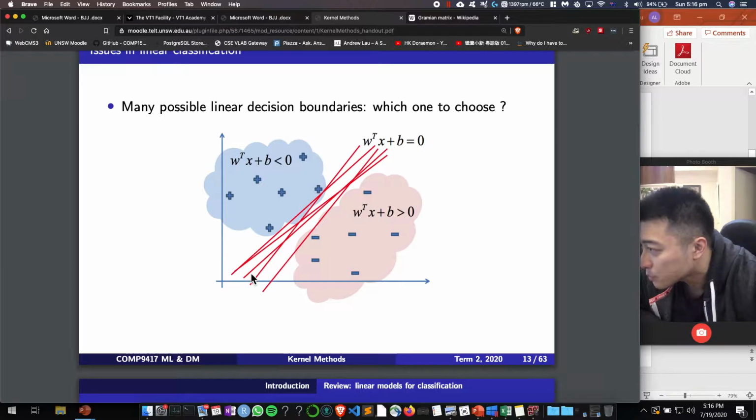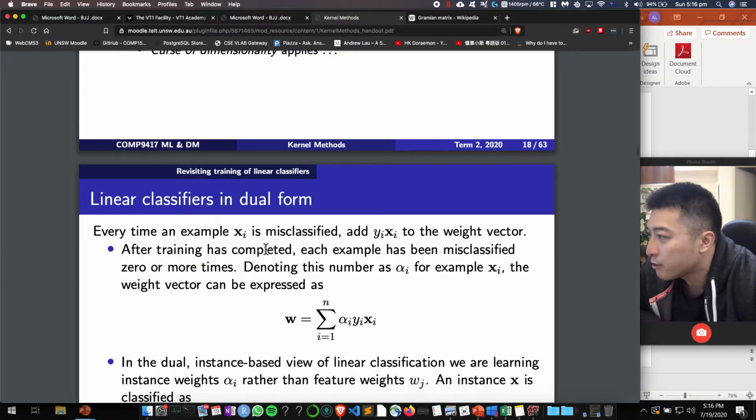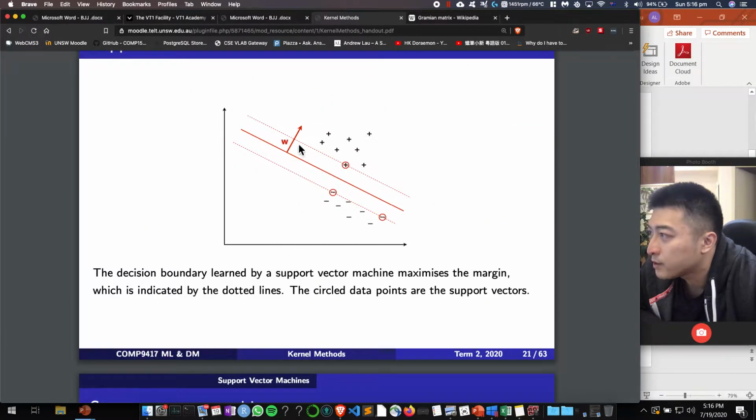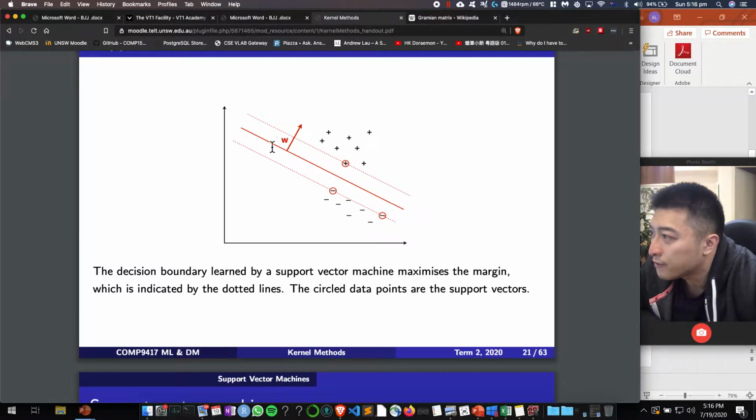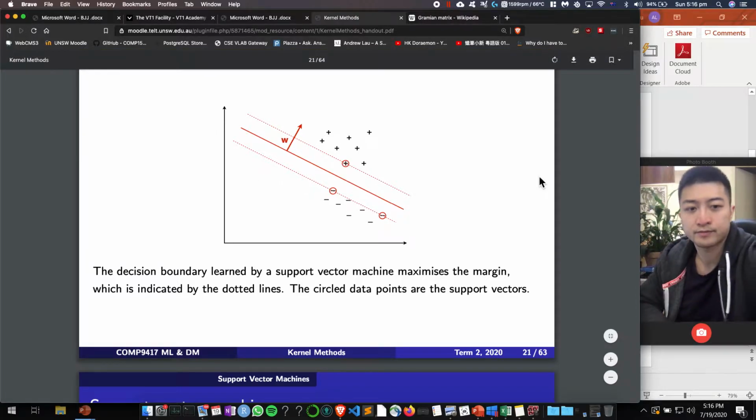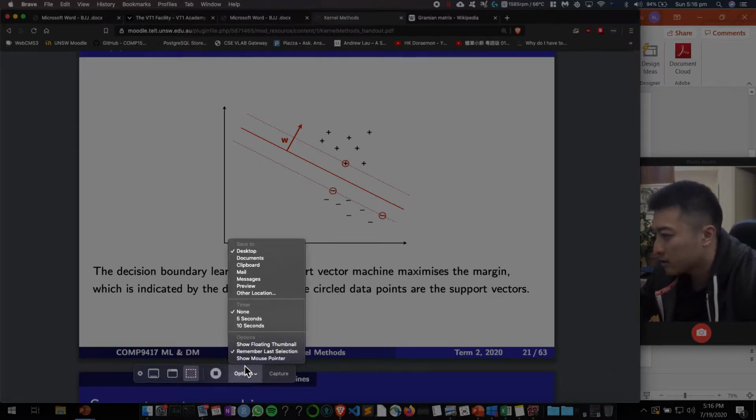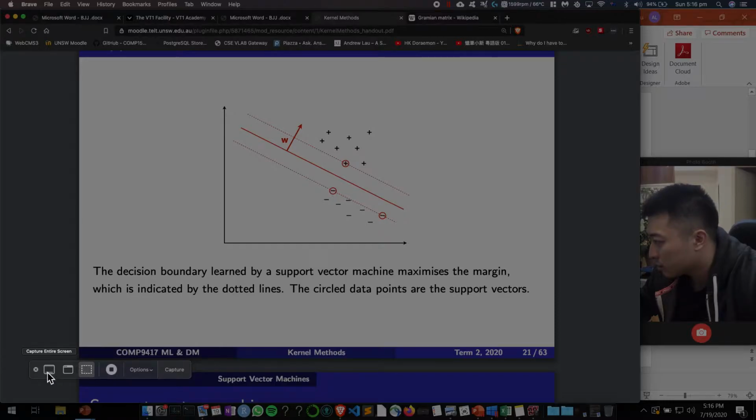One way to go about doing this would be to find a line in the middle between your two classes where the distance from each class to the separating line is maximal. Maybe I'll draw it out here.